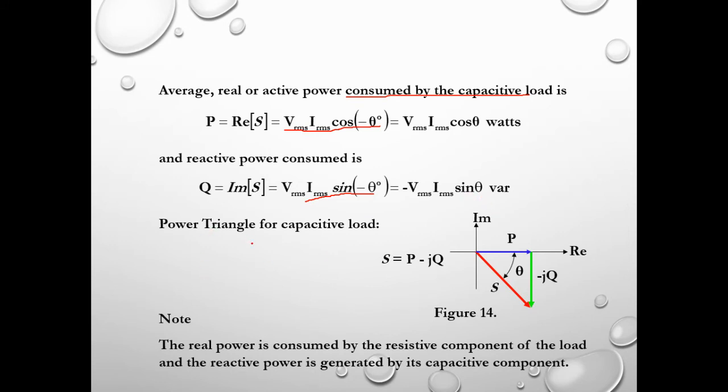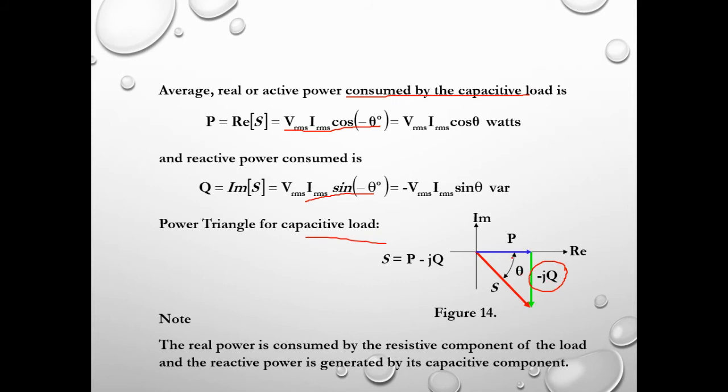So for the power triangle for a capacitive load, we now have the negative value of Q. This is somewhat similar to what we have seen for the pure capacitor. A pure capacitor means it consists only of a capacitor, or capacitive component.